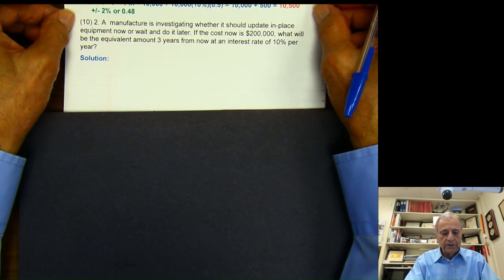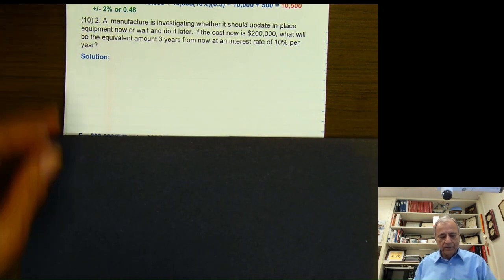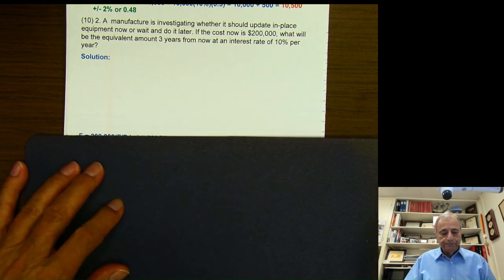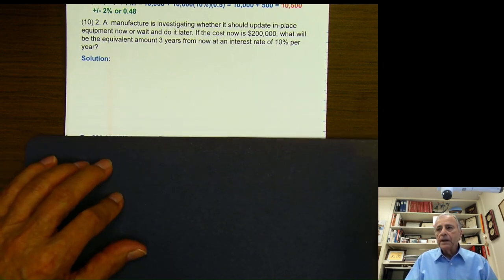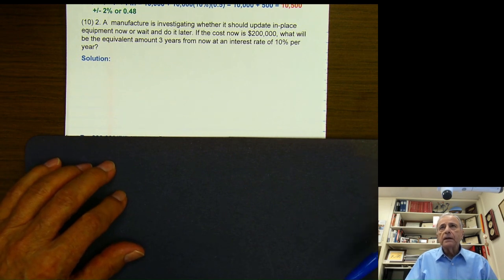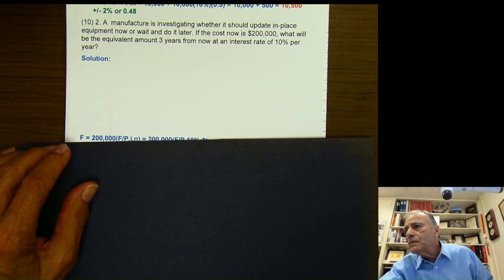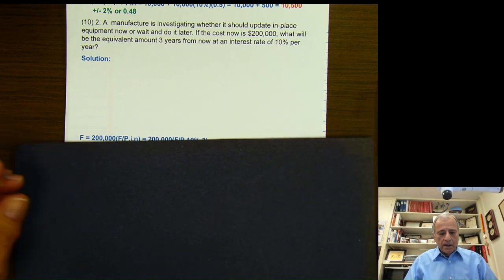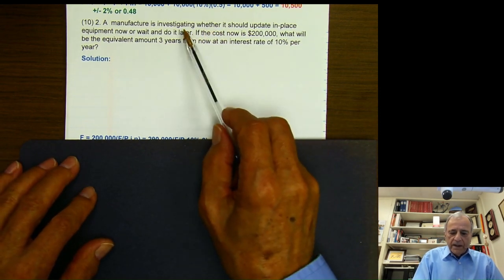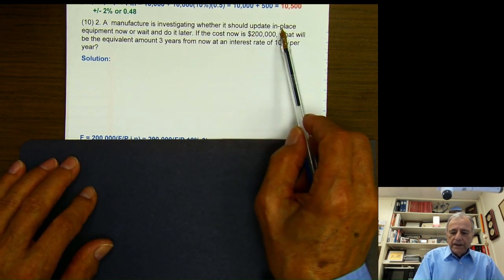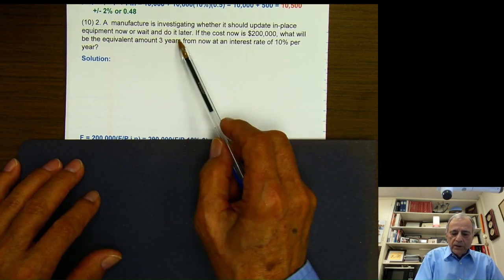I'm going to work a quick problem in chapter 2 now, and then we'll go on to the tougher chapters beyond there. A manufacturer is investigating whether it should update in place equipment now or wait and do it later.